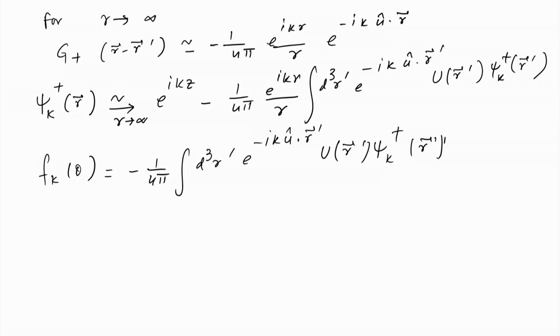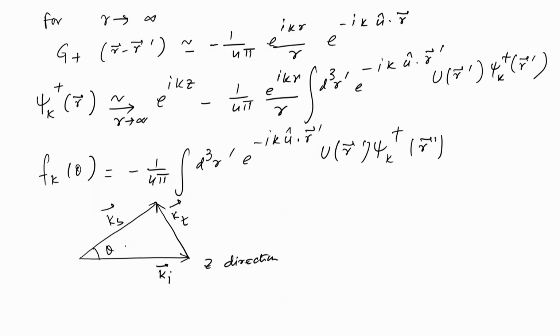Just a little more simplification in the given present context. If you look at the incident wave vector, it is in the z direction. This is what was assumed right at the beginning, and there is a scattered wave vector which is in this direction, the direction in which the detector is placed, and this is the k t, which is the transferred wave vector, and this is of course that angle theta.